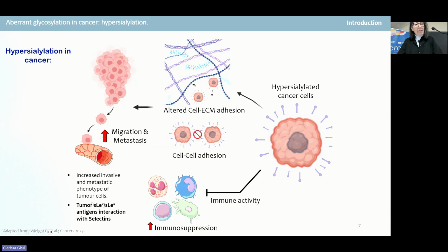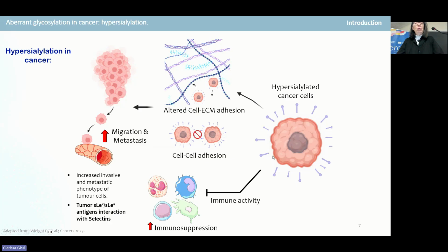One of the changes in this sialylation is the presence of sialyl-Lewis X and sialyl-Lewis A antigens that can interact with selectins and help tumor cells to be more invasive and metastatic.